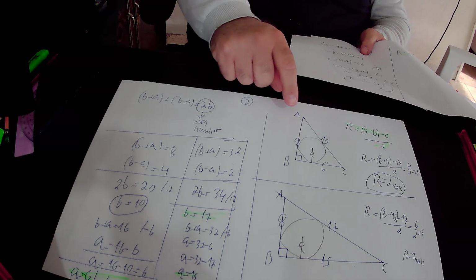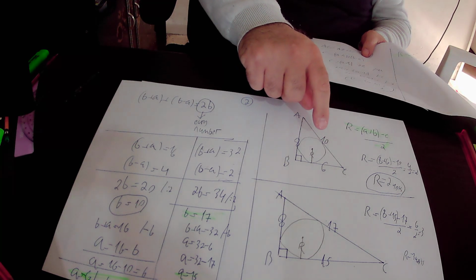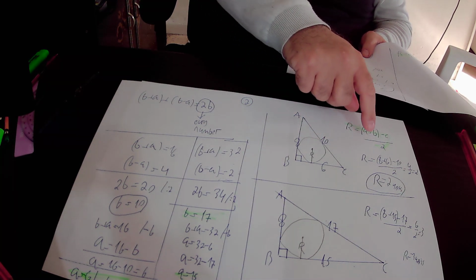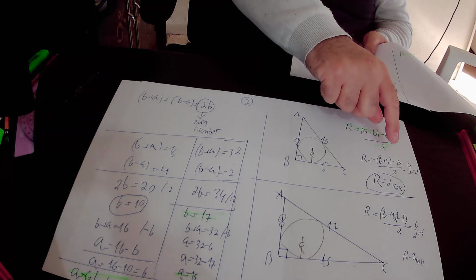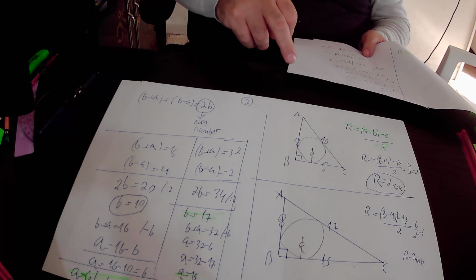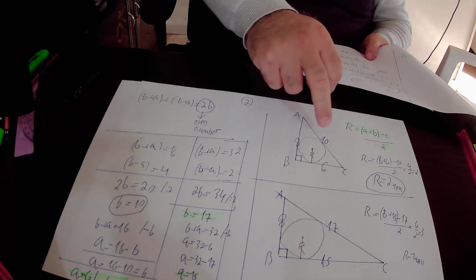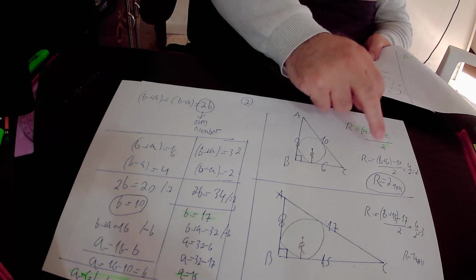So capital R equals 8 plus 6, minus the hypotenuse that is 10, over 2. 8 plus 6 is 14, and 14 minus 10 is 4, and 4 over 2 is 2. So the first possible solution is that the radius of the circle described by triangle ABC equals 2 units.